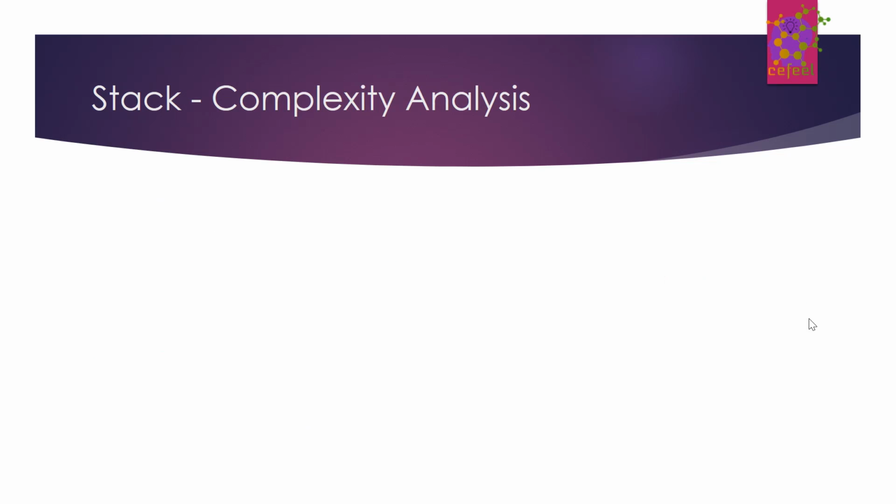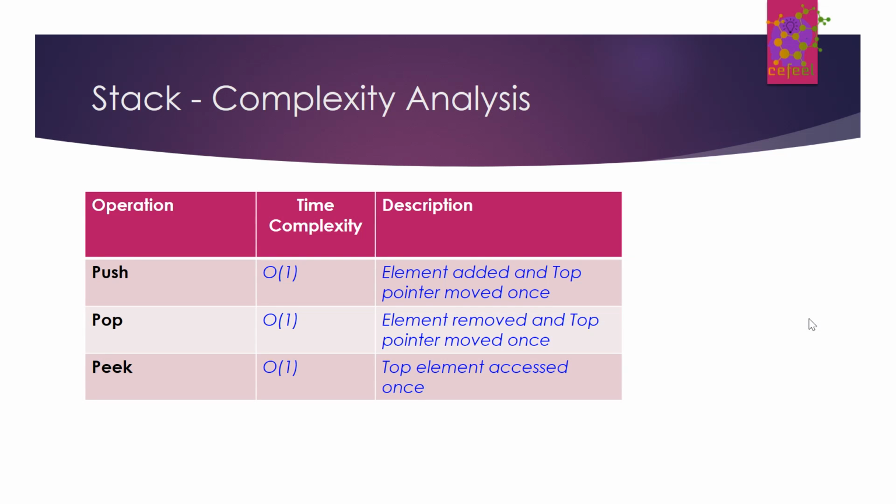Now let's look at the complexity analysis for these 3 operations which we saw. It's pretty simple because very little work is done in each of these operations. First was push. In push we just increment top, which means we move the top one location ahead and add the element to the top of the stack.